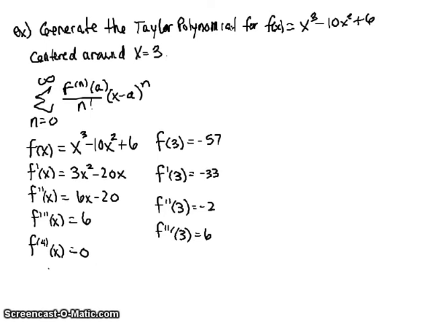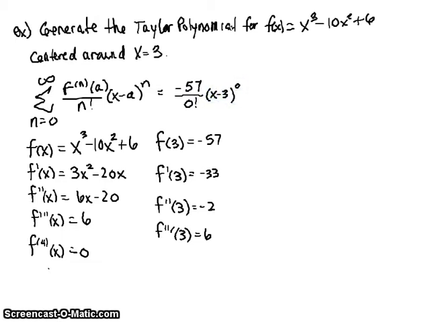So remember, a series, the sigma notation, tells us to add up everything from when I plug 0 in to when I plug in infinity. If I plug 0 in for n, that would be the 0th derivative of f at a, so that's just f of 3, so negative 57, over 0 factorial times x minus 3 to the 0 power.